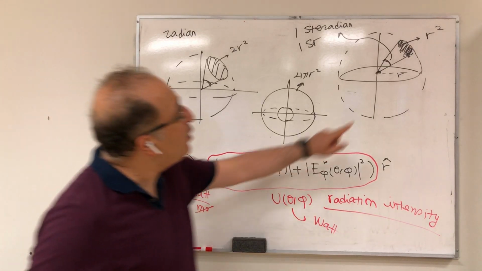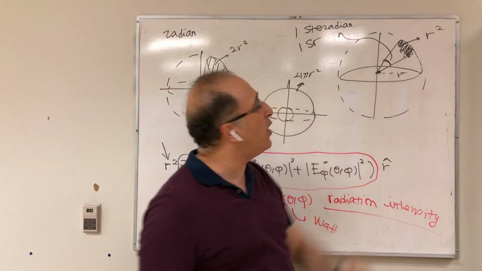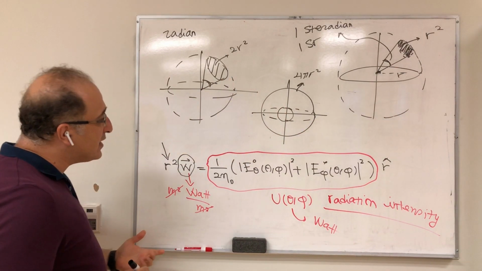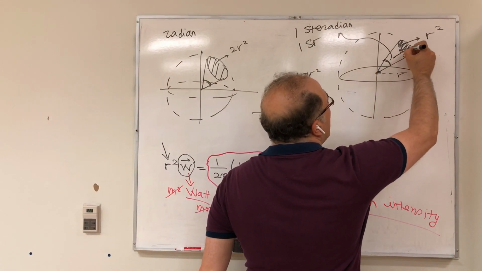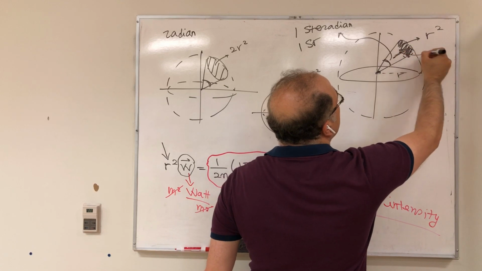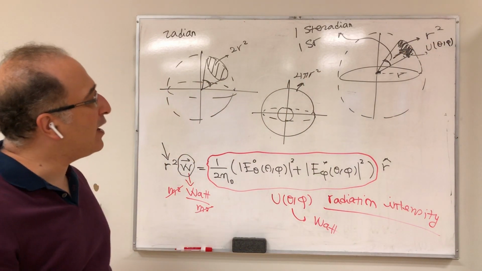Now, we already know this is R squared. So that essentially means this is the amount of power that's passing through this R squared. That's my U, theta, and phi.